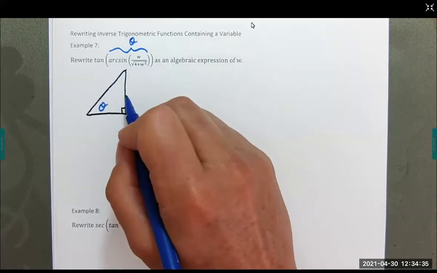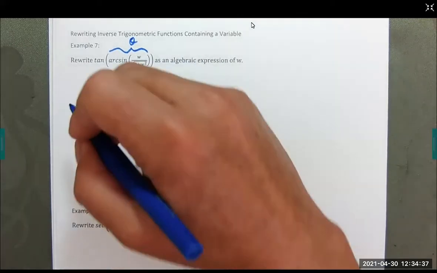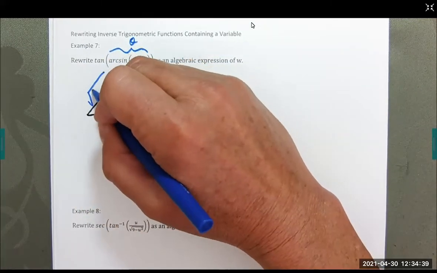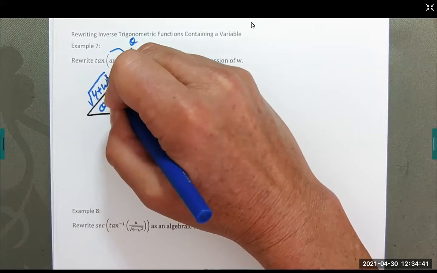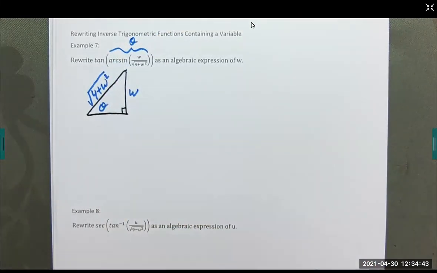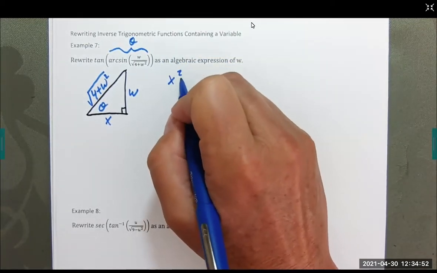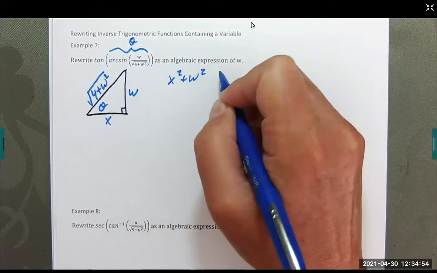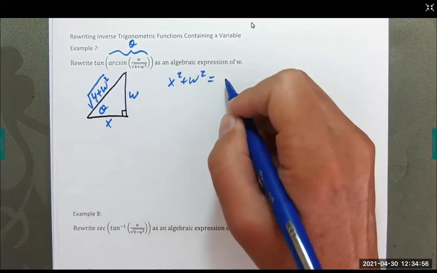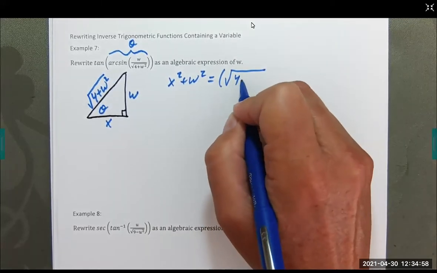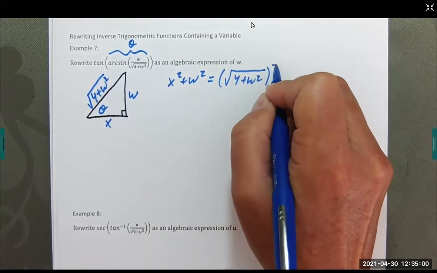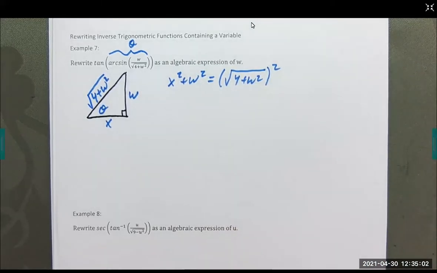And sine is the opposite over the hypotenuse. And we want to know x. Well, this is going to give us x squared plus w squared equals square root of 4 plus w squared, squared. Give you a second to wrap your head around that.